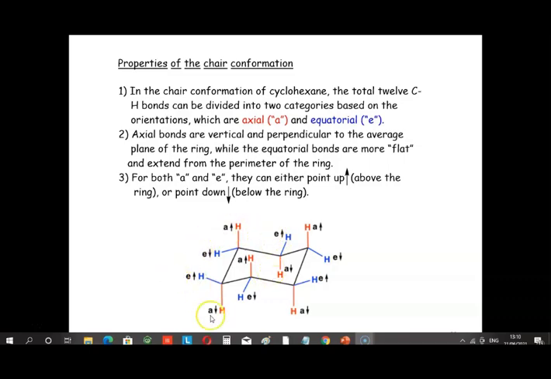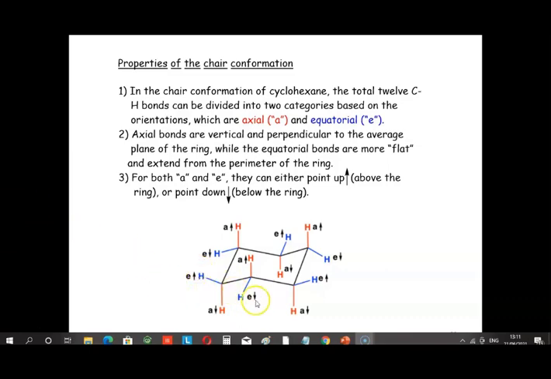Now observe one thing: the hydrogen atoms attached to adjacent carbon atoms are oriented in such a way that if the axial hydrogen attached to the first carbon is pointing up, then the axial hydrogen on the adjacent carbon will be pointing down. Likewise, if the equatorial hydrogen attached to the first carbon is pointing down, then the equatorial hydrogen at carbon number 2 will be pointing up.